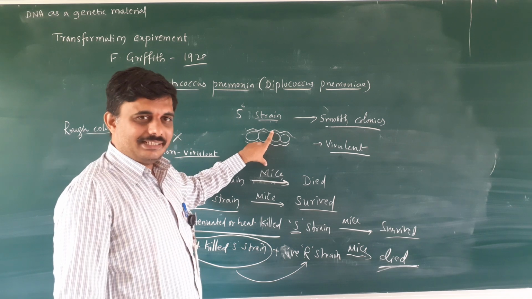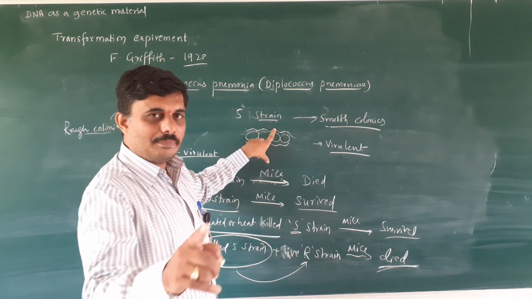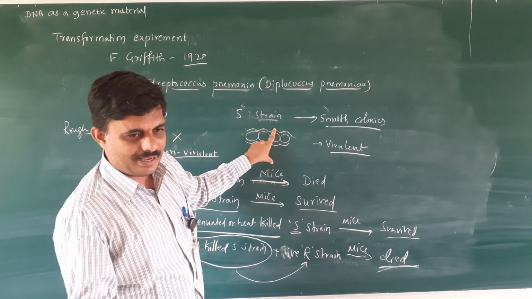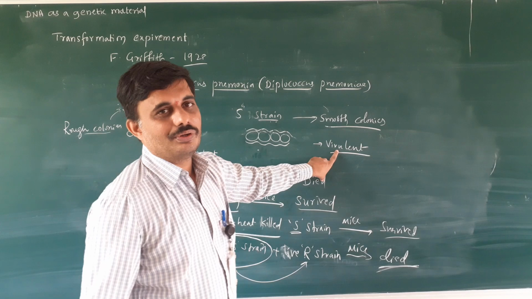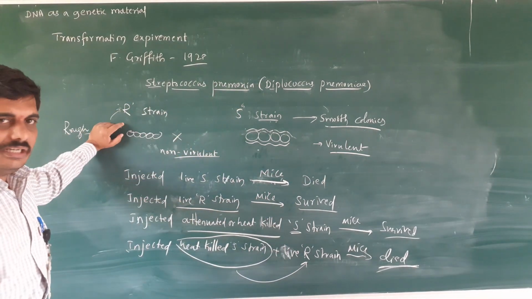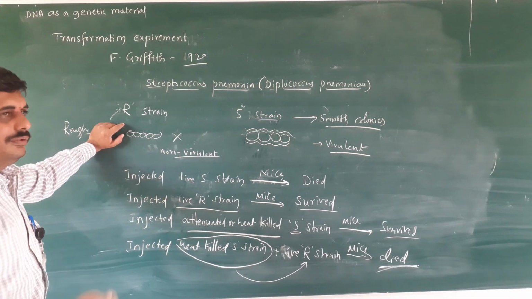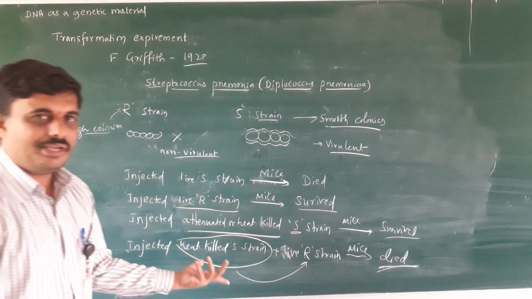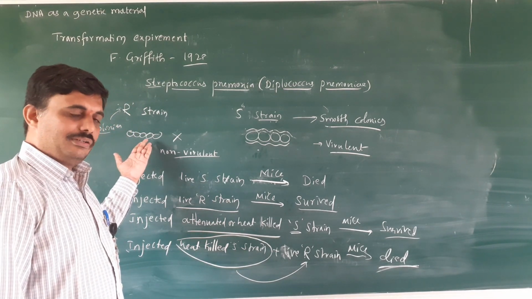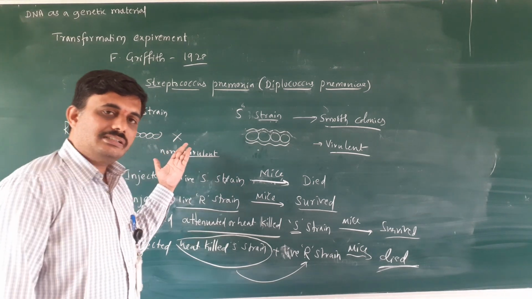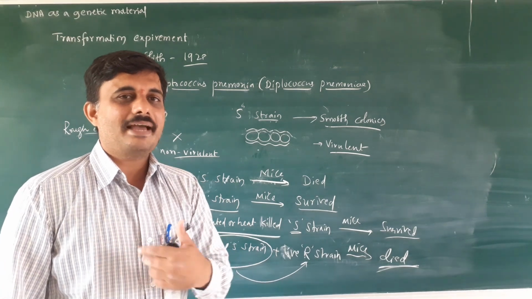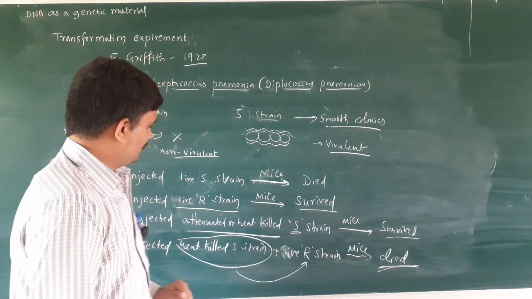As the mucopolysaccharide is present around it, it escapes the phagocytic action of the immune system of either man or animal, and it is a virulent strain that causes disease. The R strain produces rough colonies on the media because it does not have any capsule, so it is non-virulent. It can be easily destroyed by the phagocytic action of the immune system.